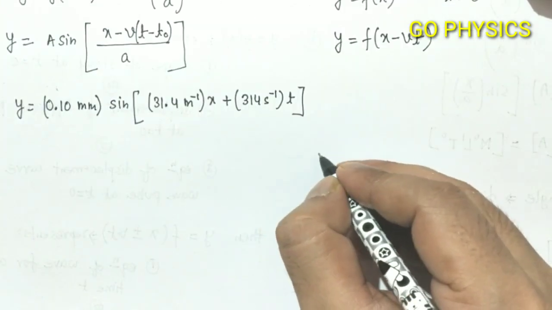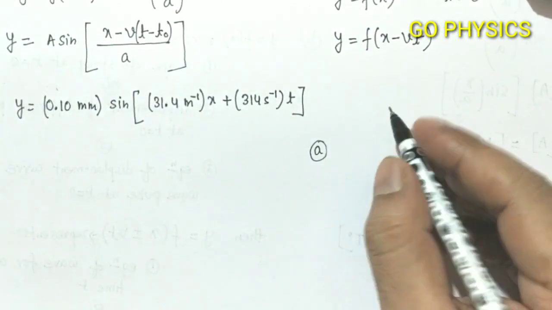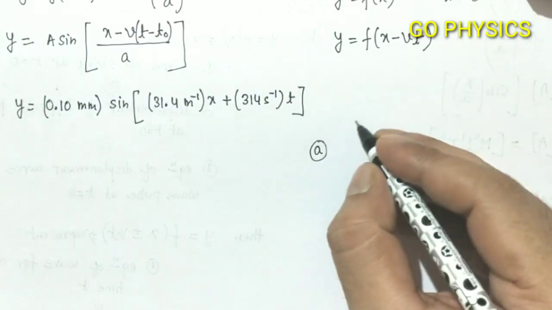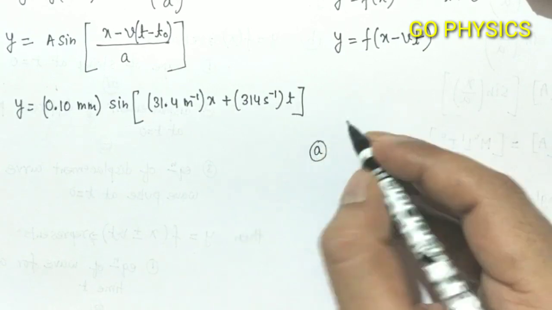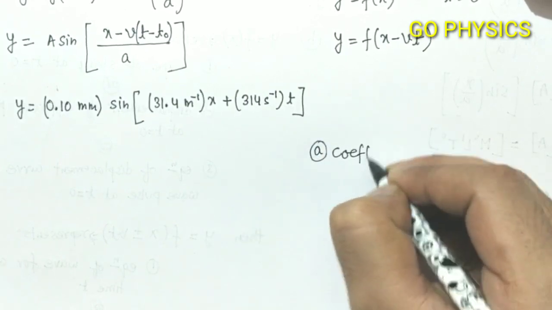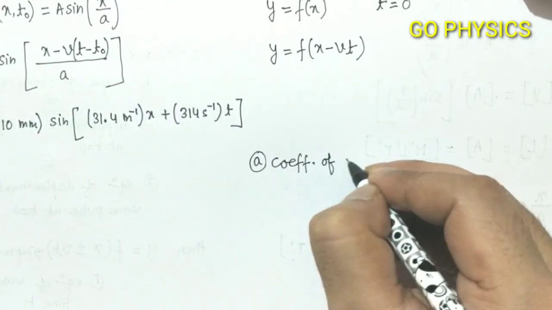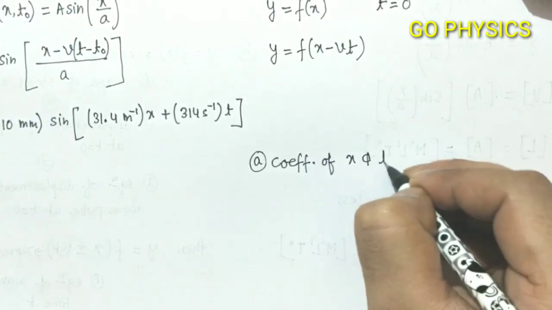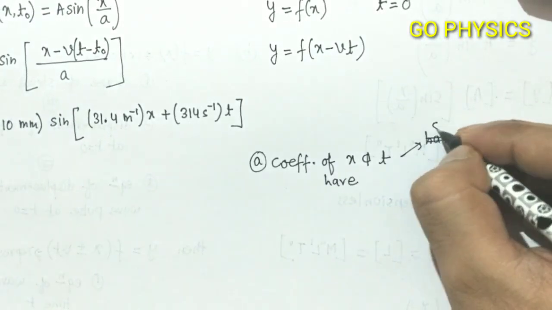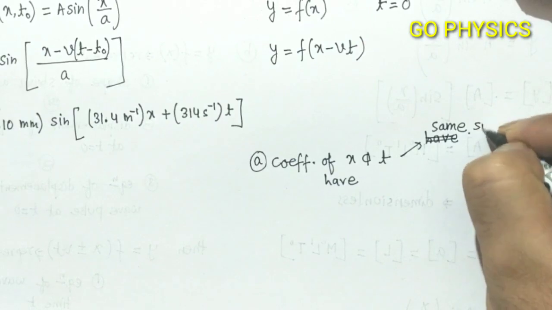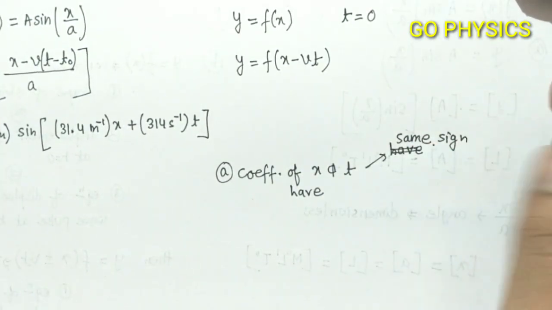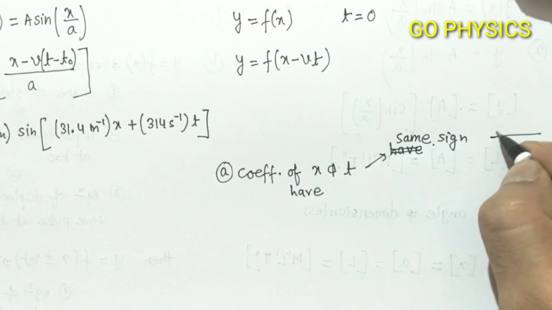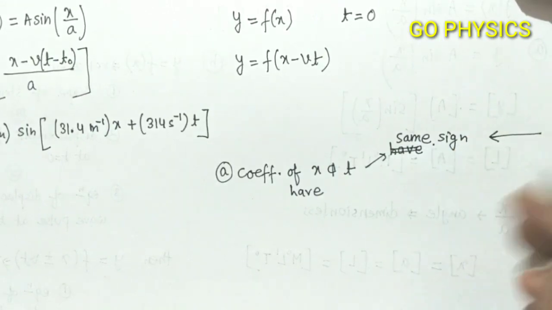For the first part, the concept is that if the coefficients of x and t have the same sign, then the wave is traveling along the negative x direction.